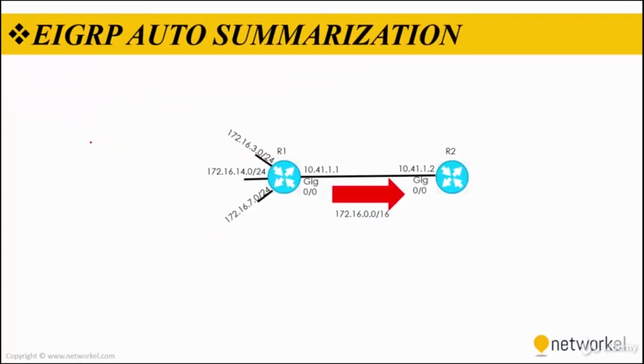Let's talk about the EIGRP auto-summarization now. EIGRP automatically advertises the summary route information to other EIGRP routers, and this auto-summarization is disabled after Cisco IOS version 15.0(1) and can be manually disabled with the no auto-summary command.